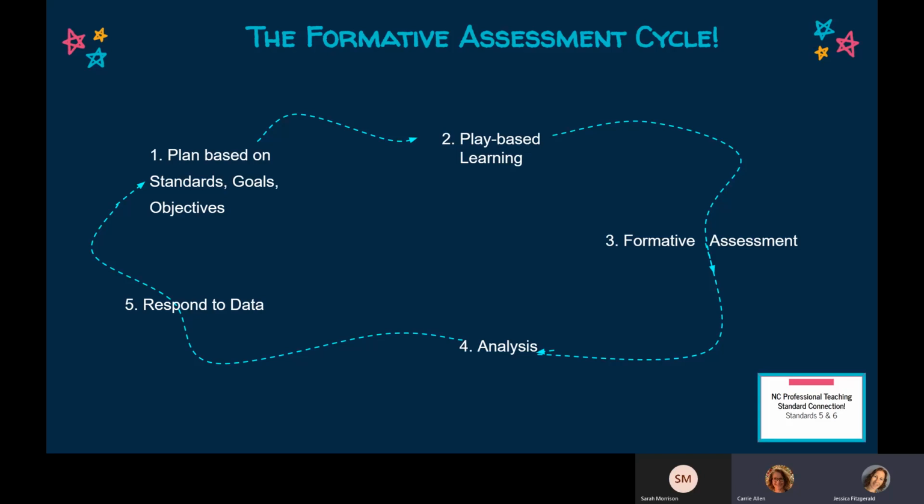Step 4, during or after play, the teacher will then analyze the data collected. Step 5, if the teacher is actively participating in play, they can respond to the data immediately or plan based on what they had learned in the analysis process. Then you start all over again.